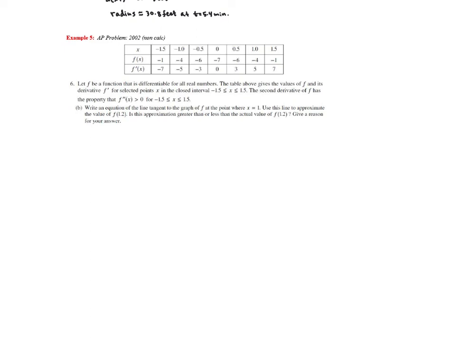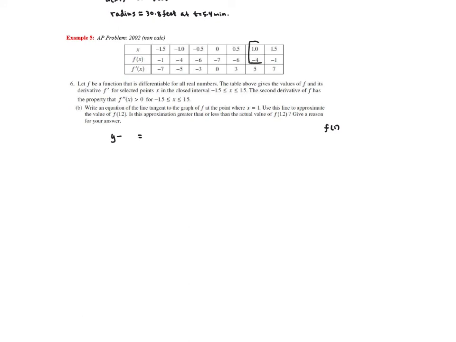Write an equation for the tangent line to the graph of f at the point where x equals 1. All right, so let's do that. That'll be relatively easy. So in order to do that, 2 things I need to know f of 1. I don't know if I have that. Do I have that? Yes, I do.